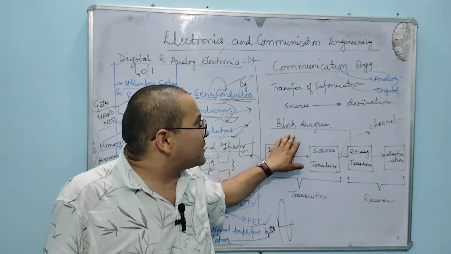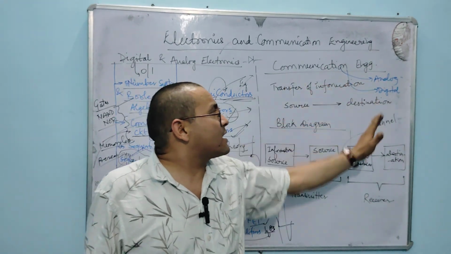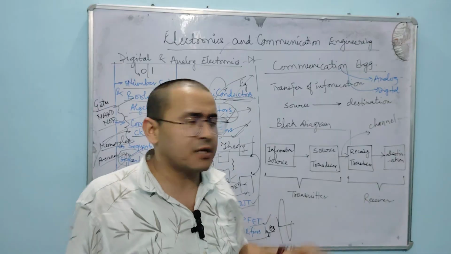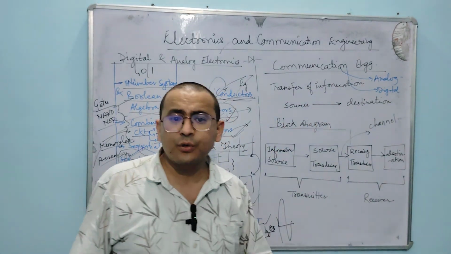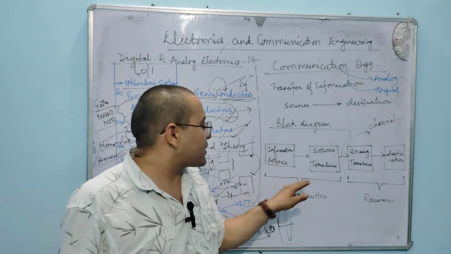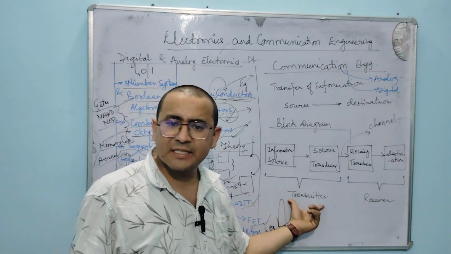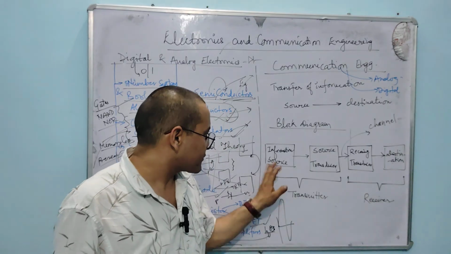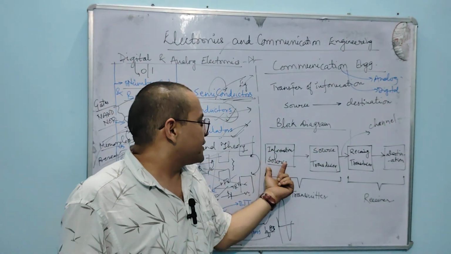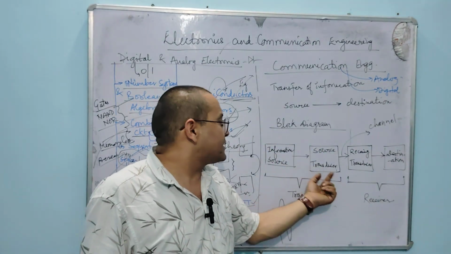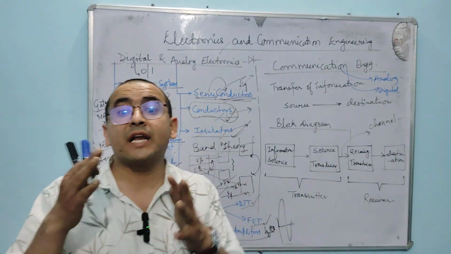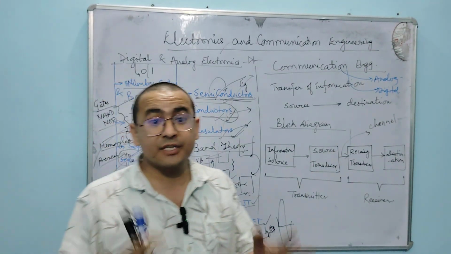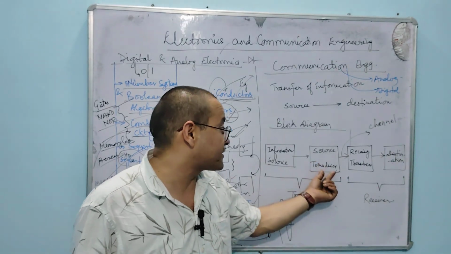And what is the block diagram? For a good amount of communication, the information should be transferred from source to destination. So what is the block diagram of communication? Here we have a transmitter and here we have a receiver. Suppose an information source is there, and it is converted into electrical energy by a transducer.